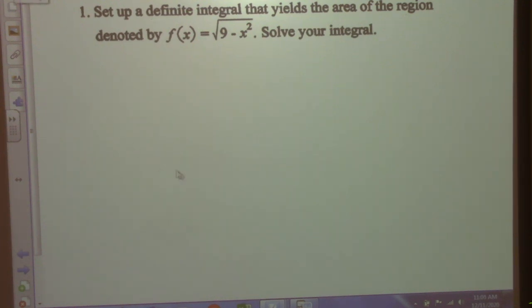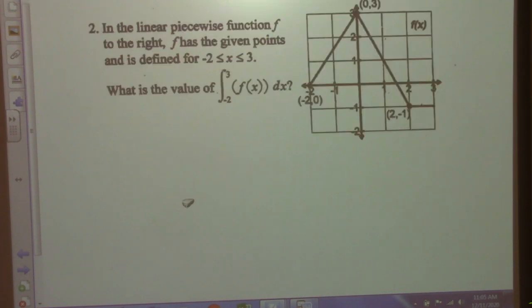Okay, let's go here and look at this next one. And here we have a linear piecewise function to the right. It has given points and is defined between -2 and 3, and then we're asked what is the value of this integral here? So I want you to define what the value of that integral is.